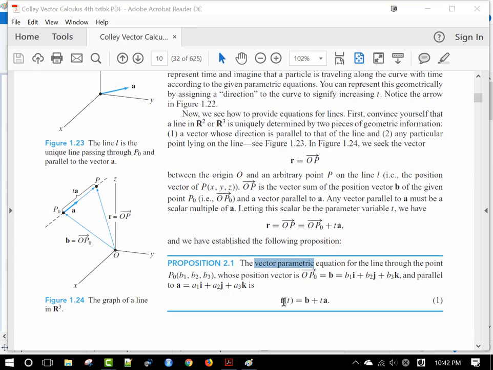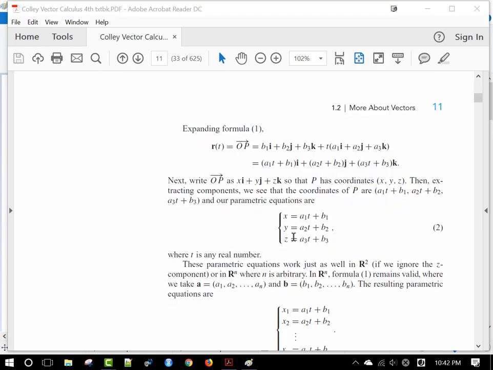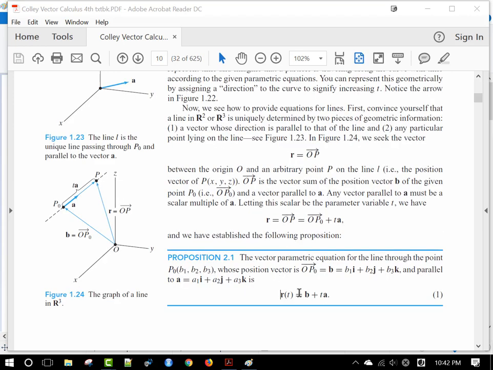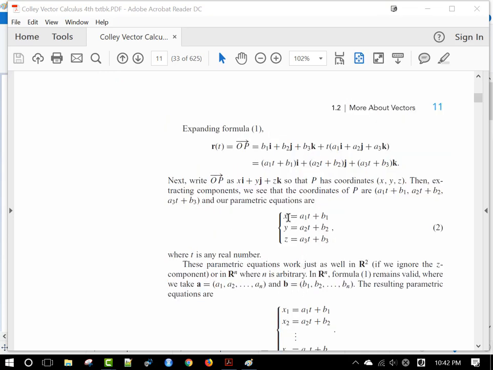So we have this equation. And just for a little bit more quick review, this is a vector equation, and it can be expanded into three non-vector parametric equations like that. Three, what do we call them? Scalar equations. So we have that as well.